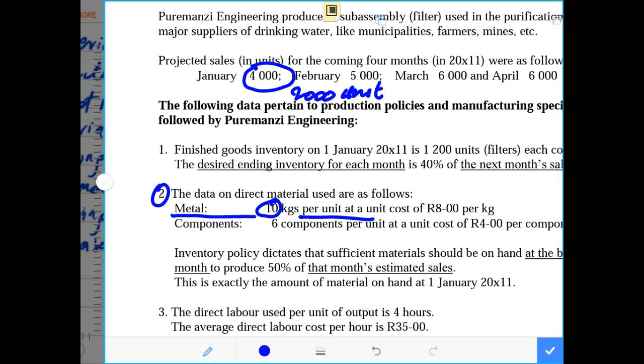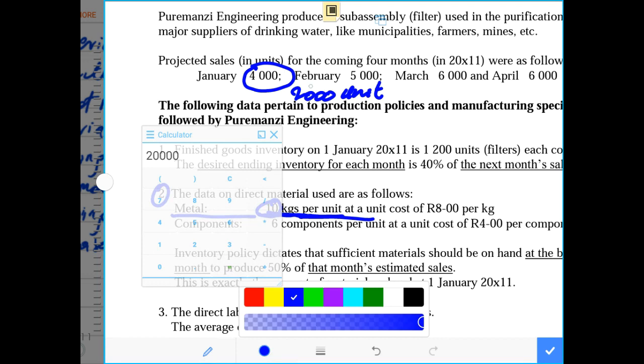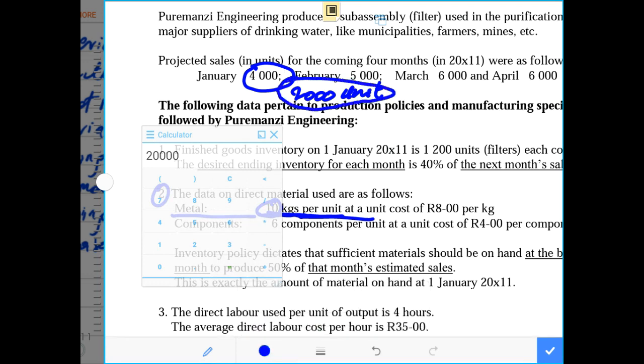Remember, 10 is the 10 kgs of metal material per unit, which gives 20,000 kgs in this case. Therefore 20,000 kgs of metal will be enough to produce the 2,000 units, which is half of the units expected to be sold in the month of January.